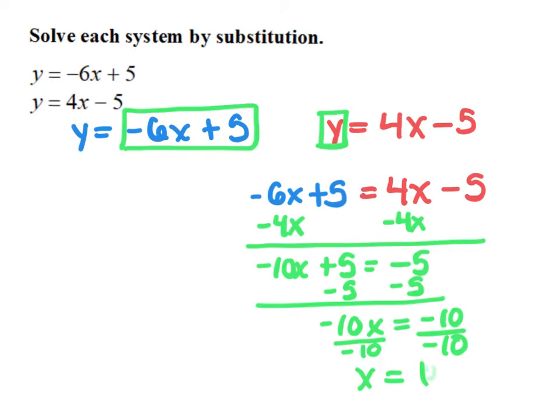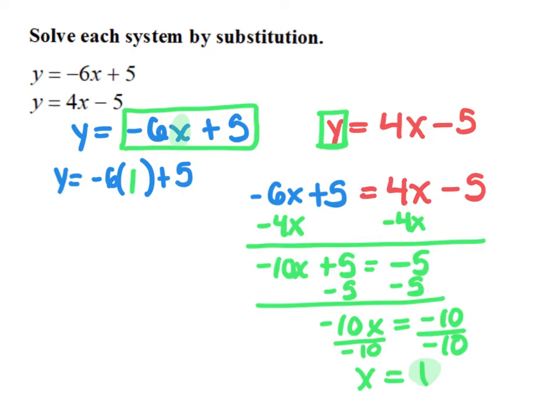Now I'm going to take this value of 1 and plug it in for x in the other equation. So this means I'll have y equals negative 6 times this value of 1 plus 5.